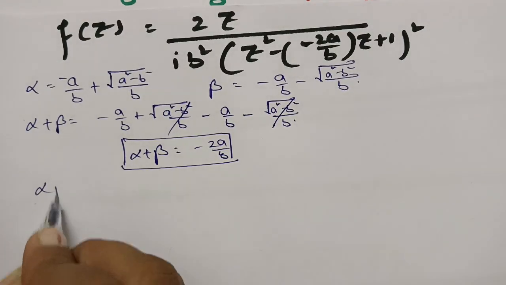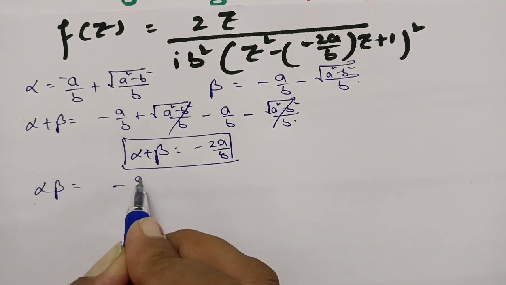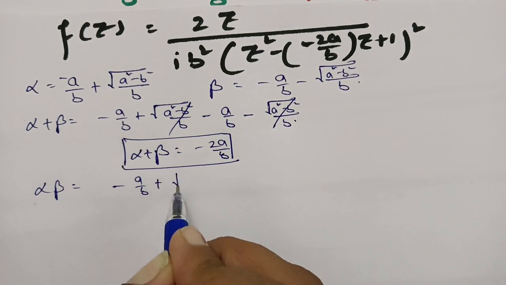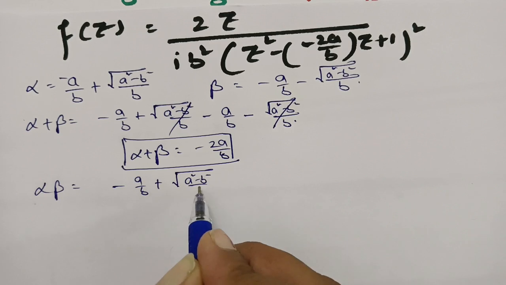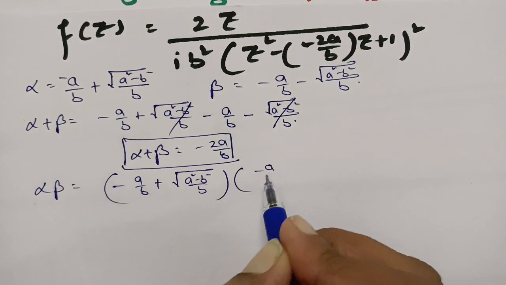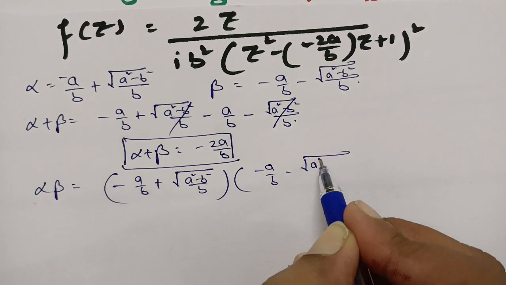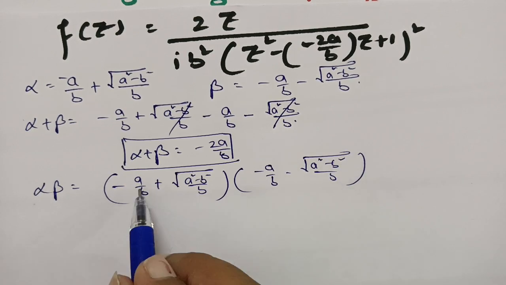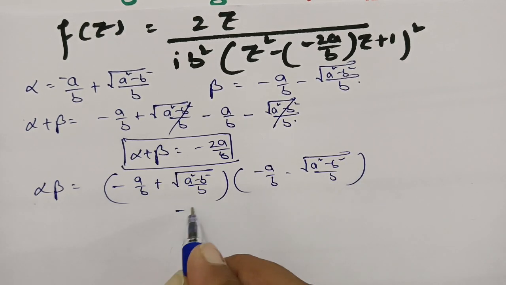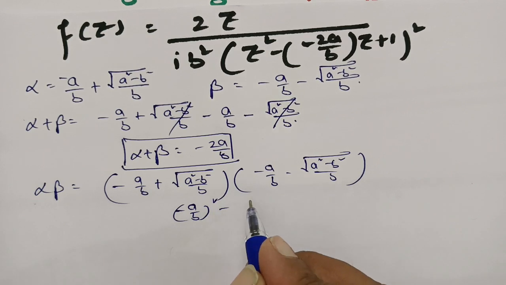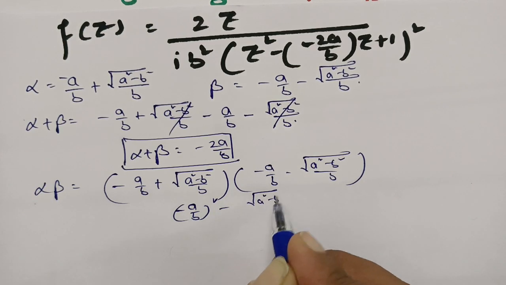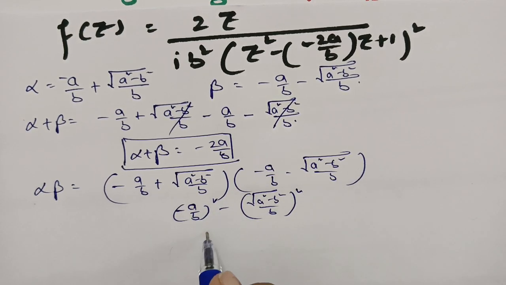Clearly, if I multiply these two, alpha into beta, that is (minus a by b plus root over a square minus b square by b) into (minus a by b minus root over a square minus b square by b), which is (a plus b)(a minus b), equal to a square by b square minus (a square minus b square) by b square.